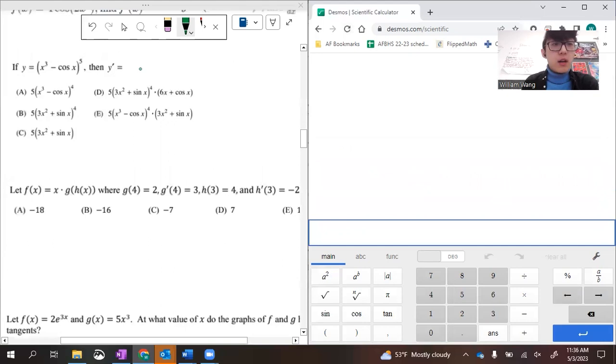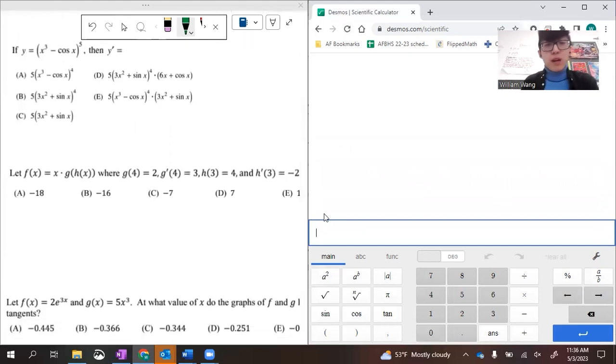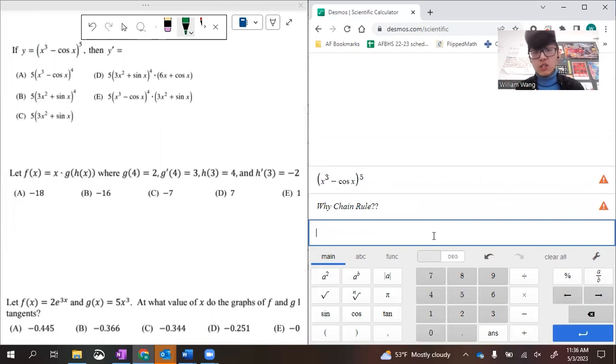So let's see here. First, each of these problems, I'm going to write it out. x cubed minus cosine x to the 5th. Why chain rule? That's the first question I need to answer.